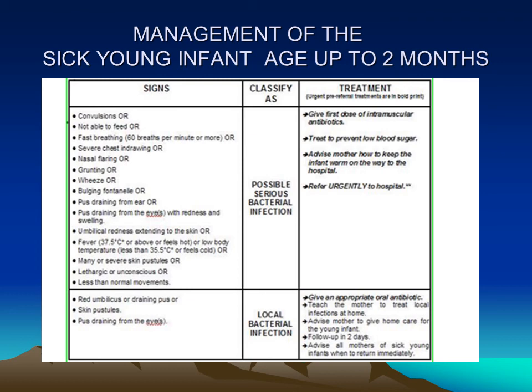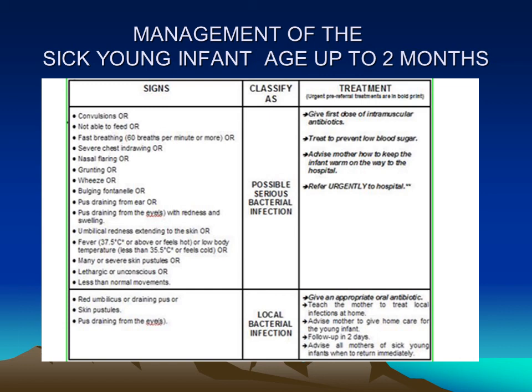We should look for the following signs to classify the patient as possible serious bacterial infection: convulsion, not able to feed, fast breathing, severe chest indrawing, nasal flaring, grunting, wheeze, stridor, bulging fontanelle, pus from the ear, hyperthermia or hypothermia, lethargy, and altered conscious level. All these signs make us classify the patient as possible serious bacterial infection.